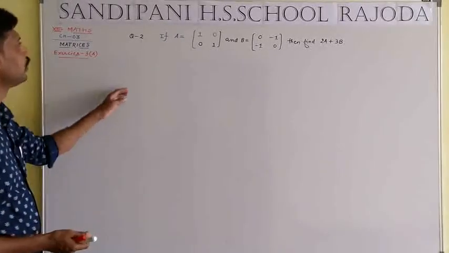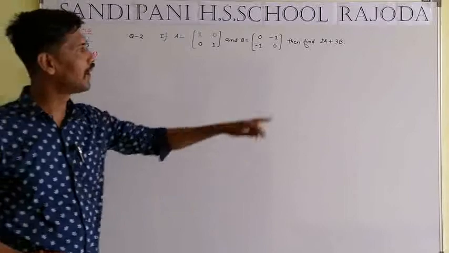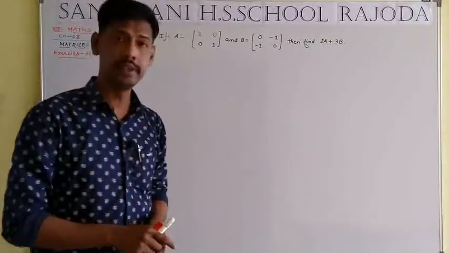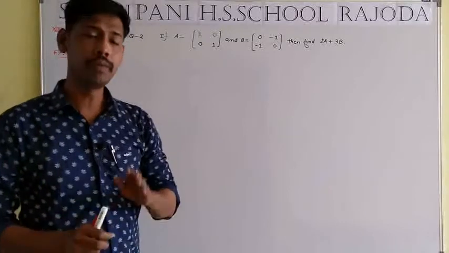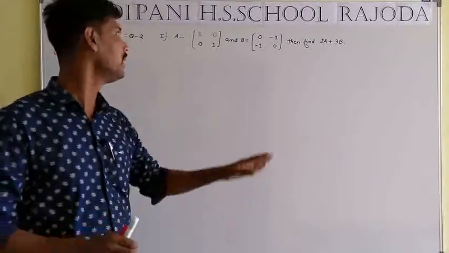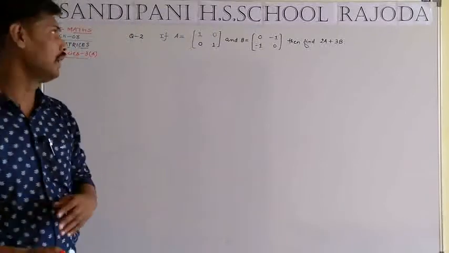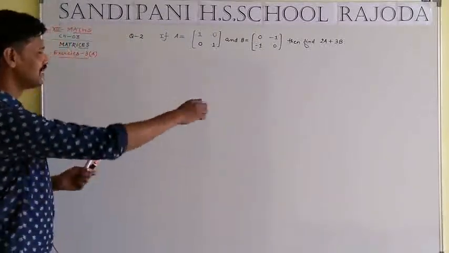Students, question number 2, what is the demand of the question? Find 2A plus 3B. 2 and 3 are coefficients of A and B, and A and B are matrices of 2 by 2. Simple question is there.